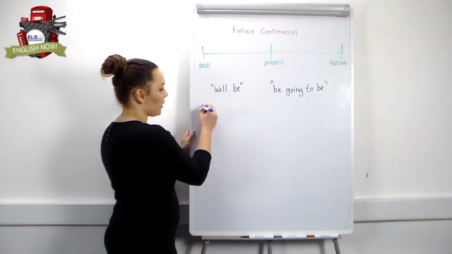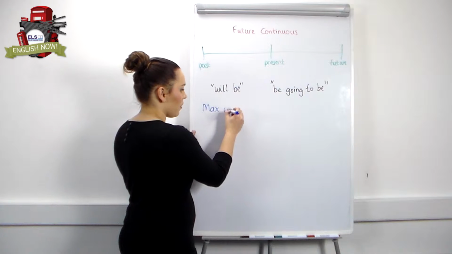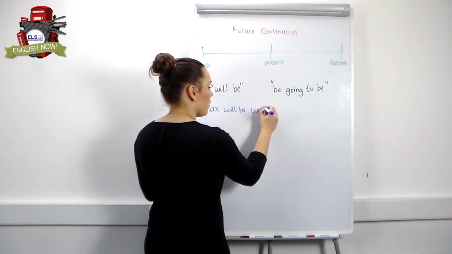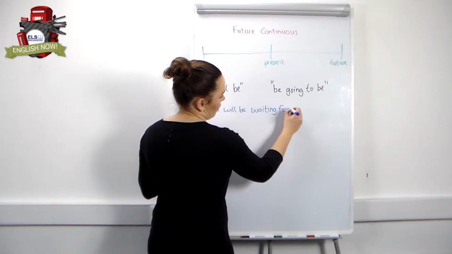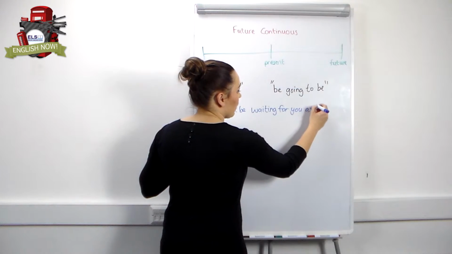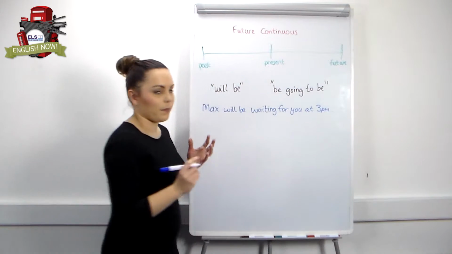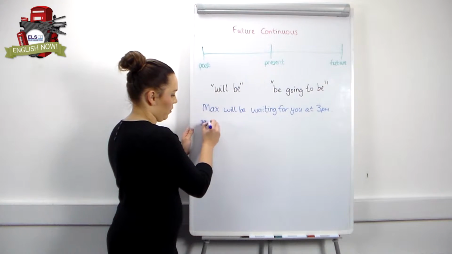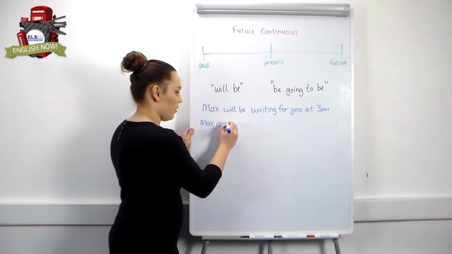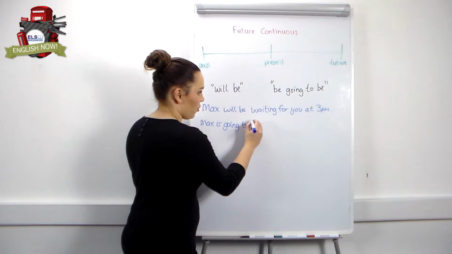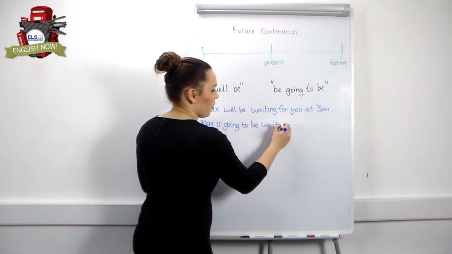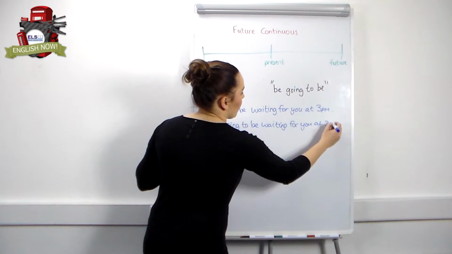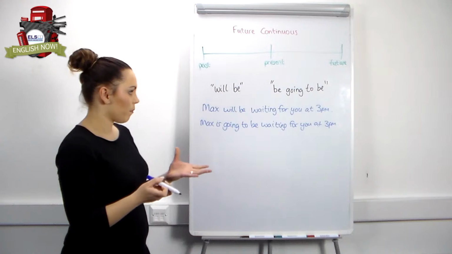So for example, we could say Max will be waiting for you at 3 p.m. Or we could use the second form and say Max is going to be waiting for you at 3 p.m.